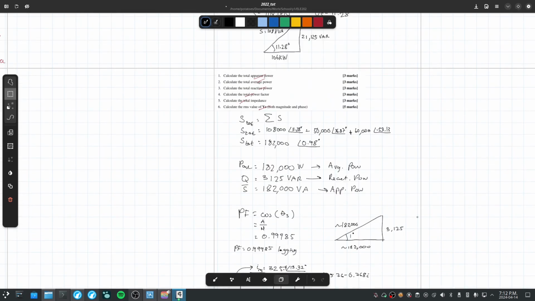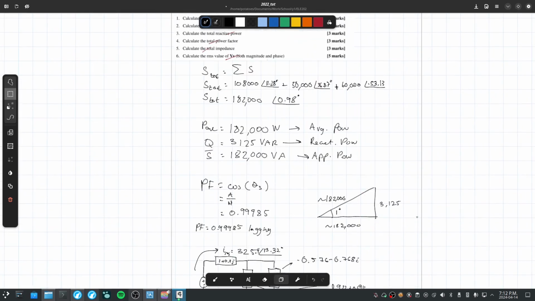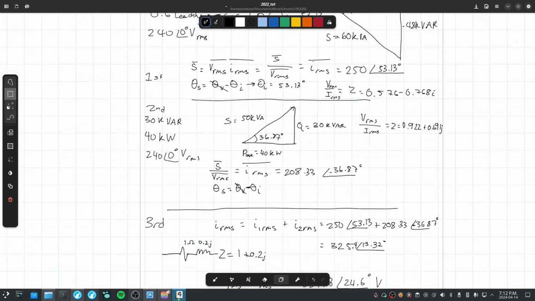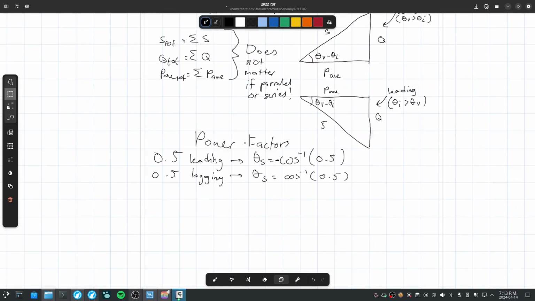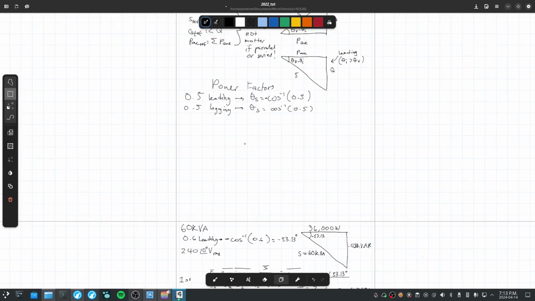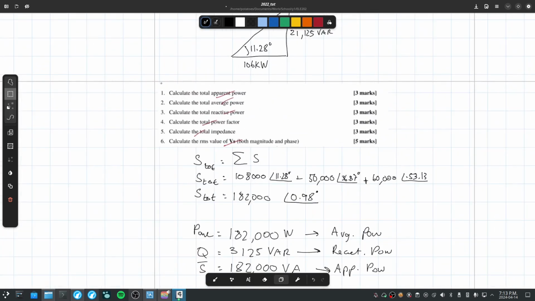Is it possible for you to go through A and B, my goat? Because I missed it like really quickly. Okay, yeah. So A and B. Do you mean the first and second impedance block, or these two? Do you mean the questions or the impedance blocks?